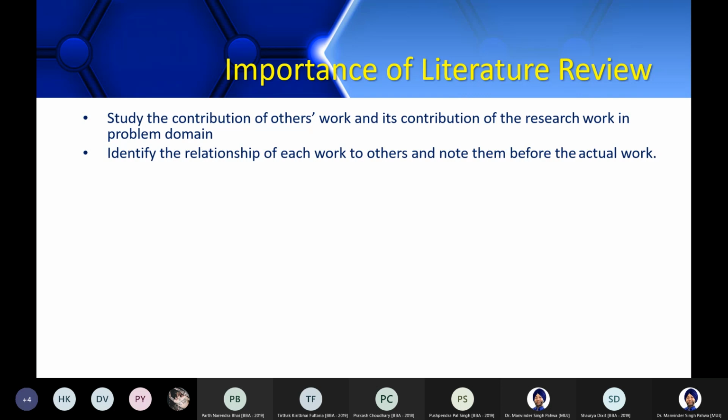For example, if I am inventing an LED light, I have to go back and see what was there before that. There were CFLs in the market. Before CFL, there were tube lights. Before tube lights, there were bulbs, and the bulb was actually invented by Edison.